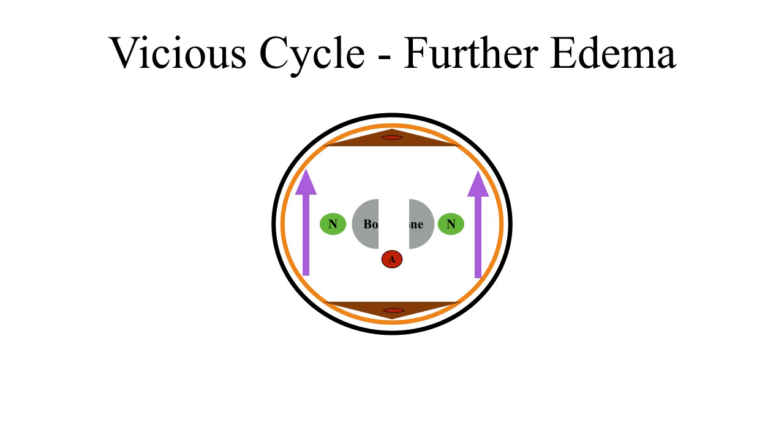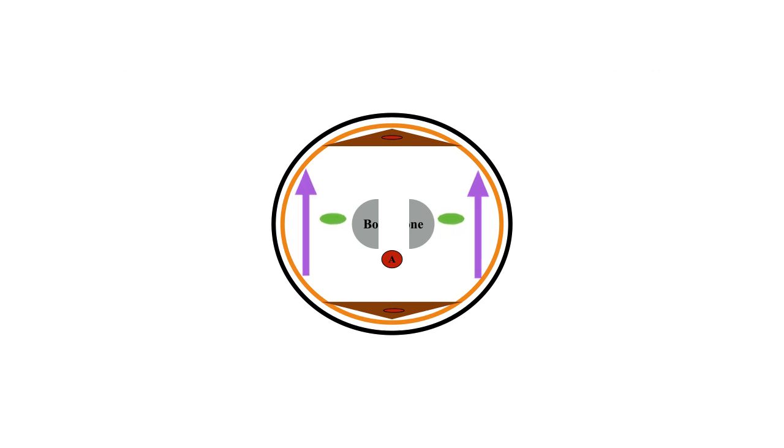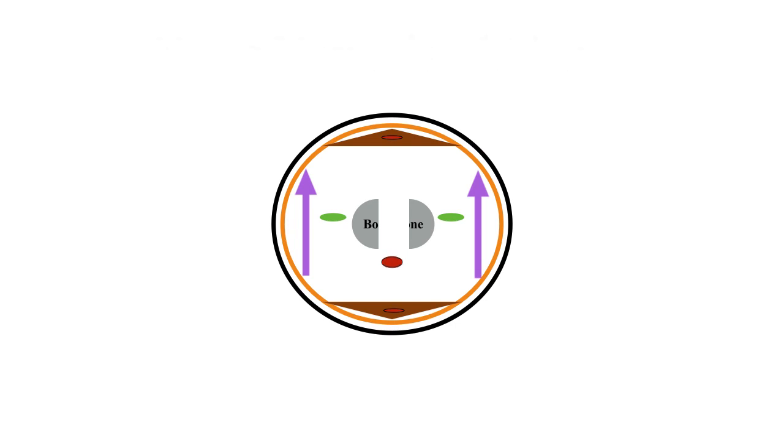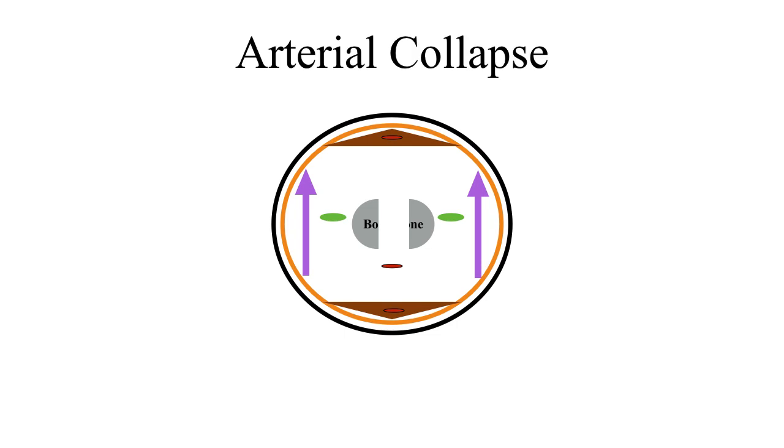Once there is further increase in this pressure, the neurological structures get affected in the next step, and nerve necrosis occurs in 12 hours. So when 12 hours happens, the nerves die. And finally, the arterial and the venous system collapses, resulting in gangrene. So, this is the pathophysiology of compartment syndrome.